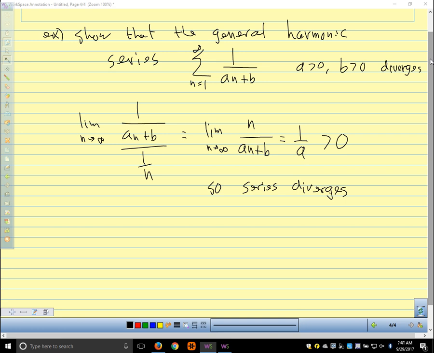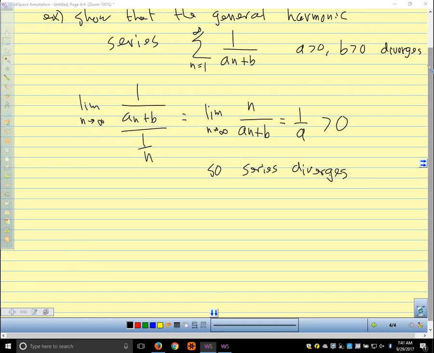I would have to look at it again. If it's a valid test, I would accept it, but I would have to look back and see. I think this is the nicest way to use a limit comparison, and you don't have to remember a bunch of other stuff.